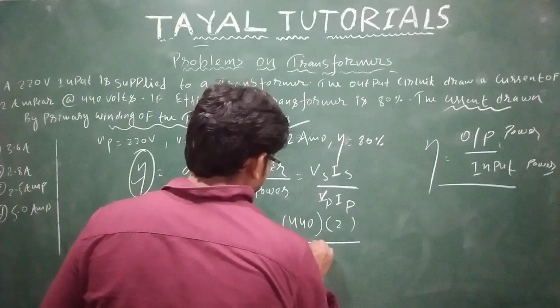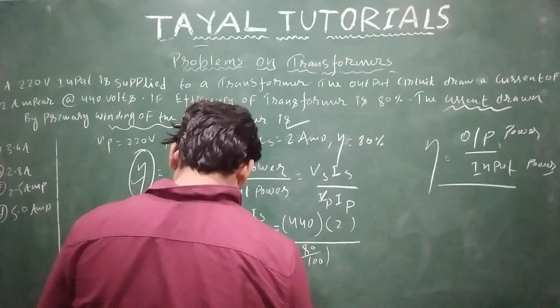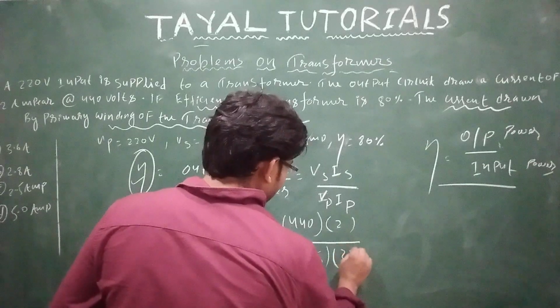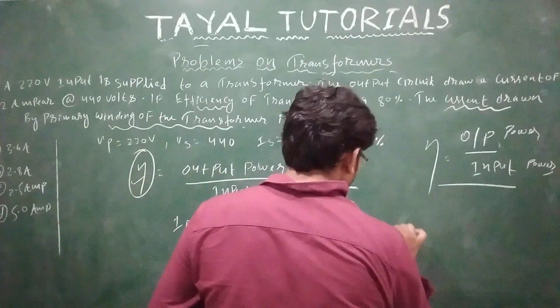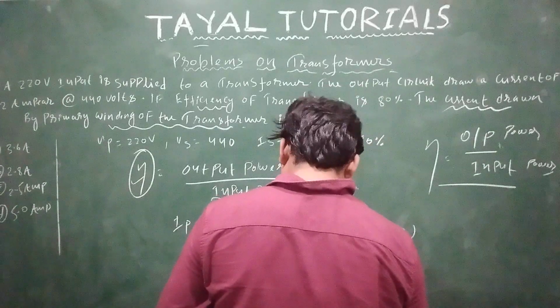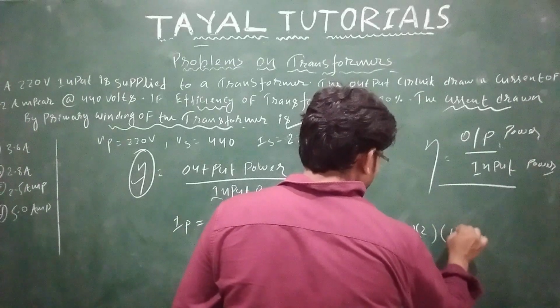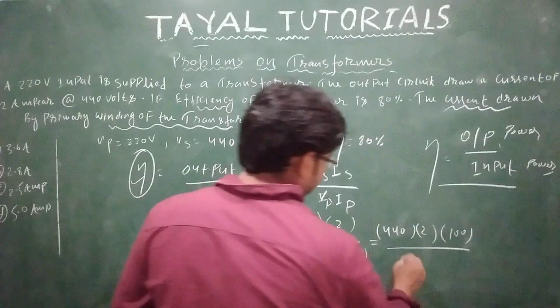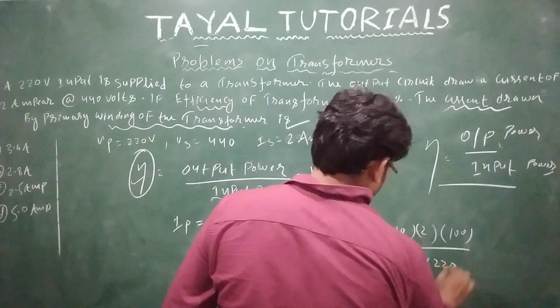Efficiency they have given 80%, you can write 80 by 100, and Vp they have given 220 volt. So further you can write 440 into 2 ampere into 100 upon 80 into 220.